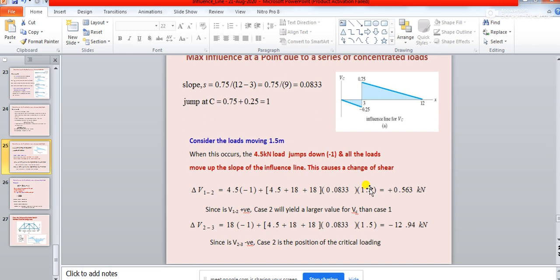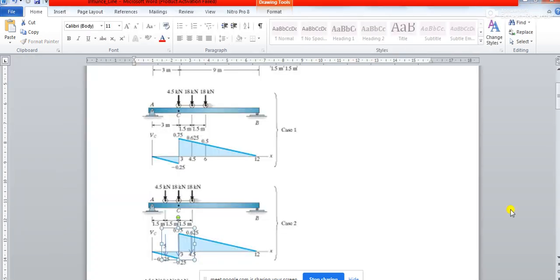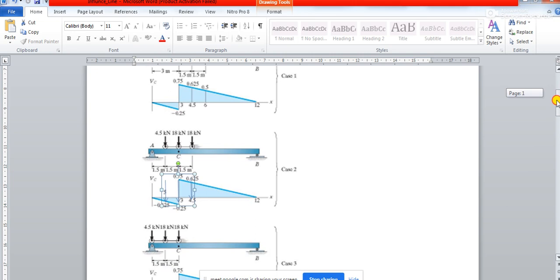Okay, now exactly at that same time, when the combined three loads are moving, what is happening? You see, if you come back here again, what has happened to this 18 kilonewton load? See, initially this load was here. So this is your 18 kilonewton load, and this is your other 18 kilonewton load. So when this load has dropped from case 1 to case 2, and then it has moved up, what is happening to this 18 kilonewton and this 18 kilonewton load?